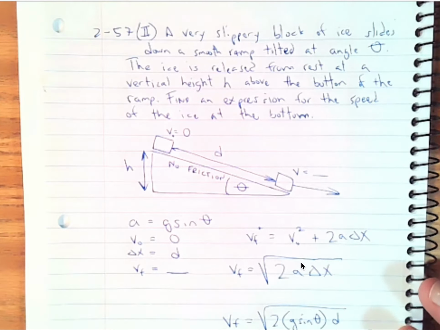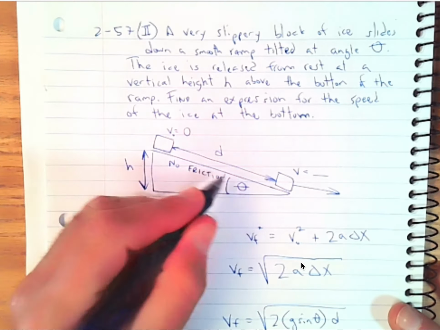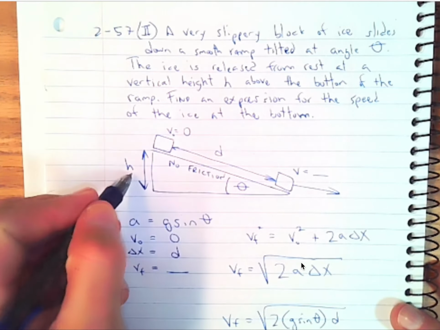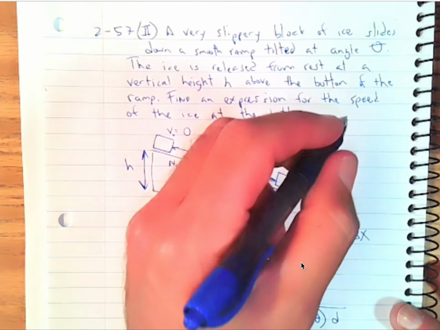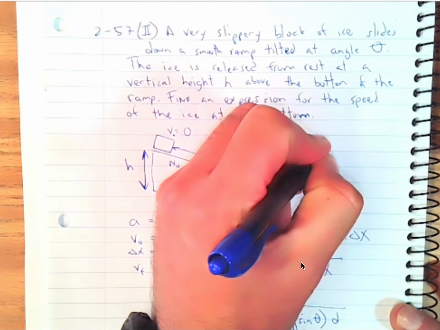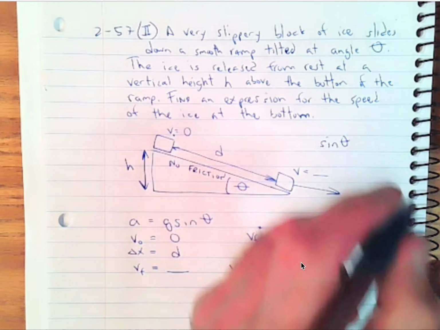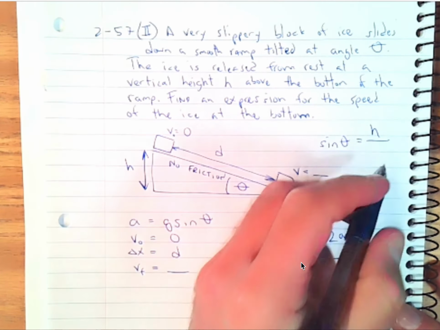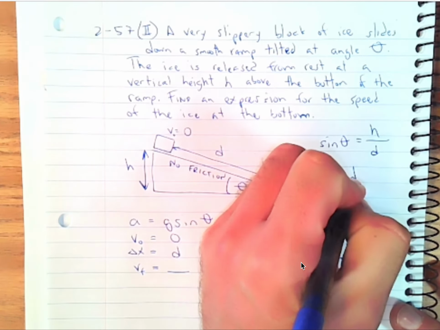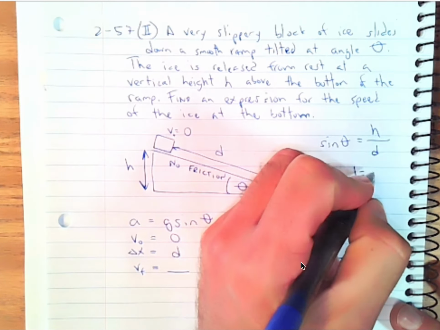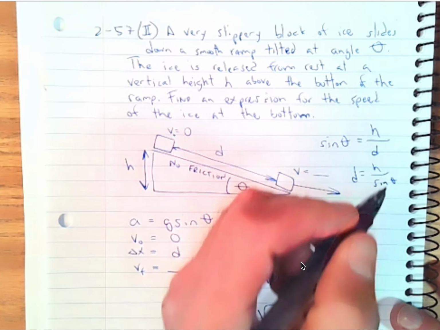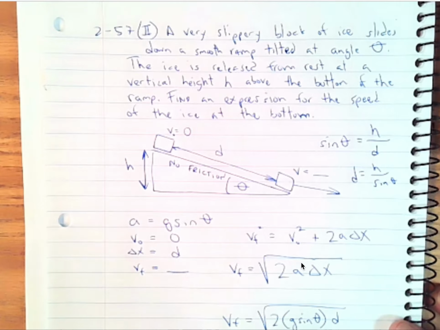But we don't really know d, but we do know that there's a trig function here that we can invoke. We have an opposite side and a hypotenuse. And so we could say sine of theta is equal to the opposite side, h, over d. So d equals h over sine theta.